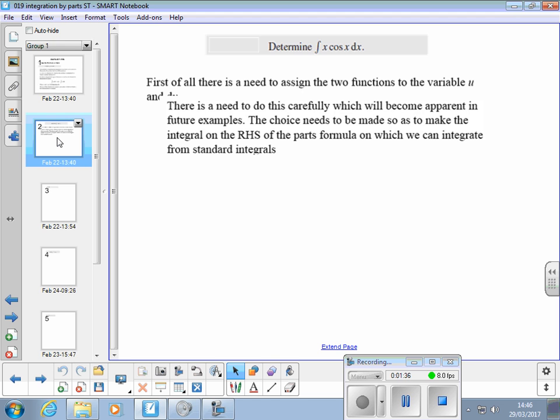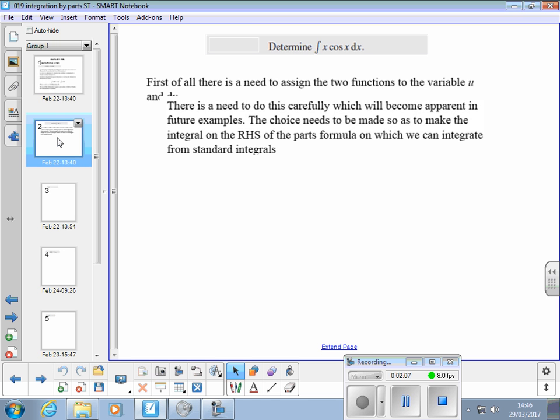So, first of all, there is a need to assign the two functions to the variables u and dv. Doesn't read very well, that's what it should say. There's a need to do this carefully, which will become apparent in future examples. So it's not always an arbitrary choice that we call u one thing and dv the other.